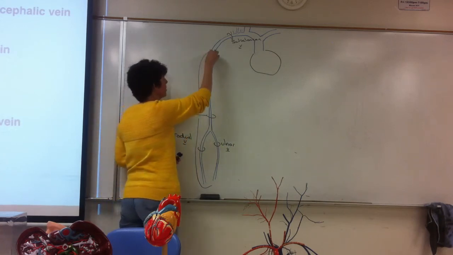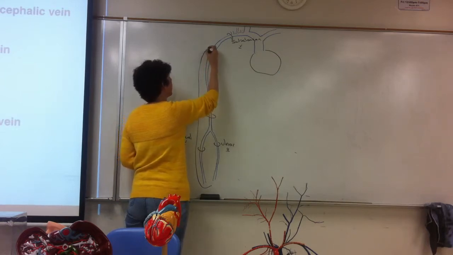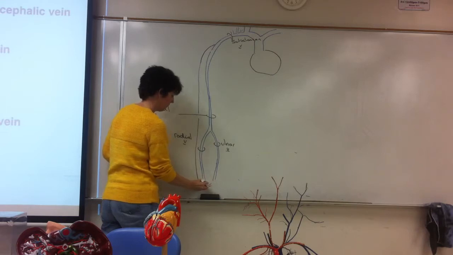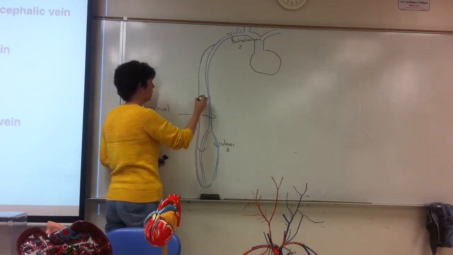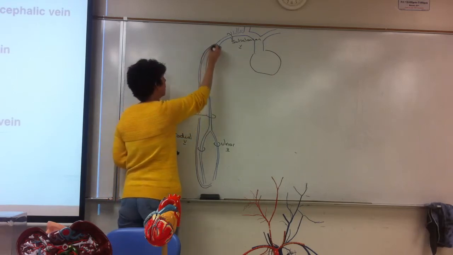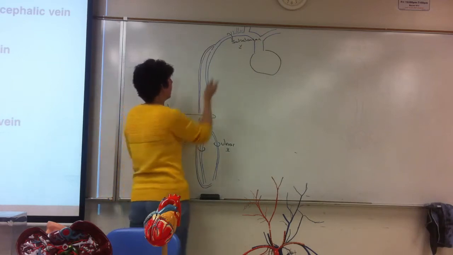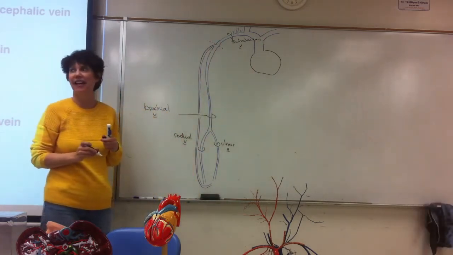And it empties into the axillary just prior to the axillary becoming subclavian. Dorsal venous arch. Emptying into axillary. So at this point, it becomes subclavian. All right?